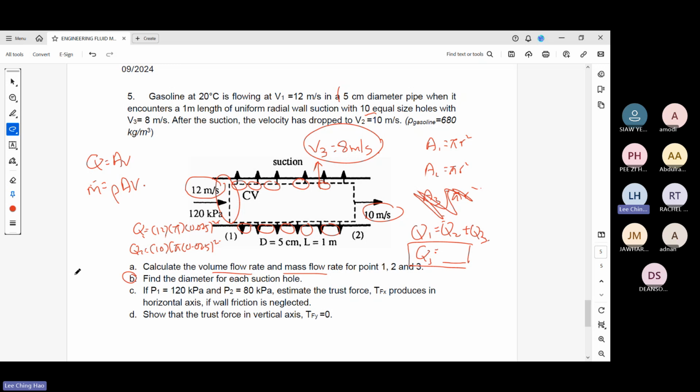Your volume flow rate Q3 will be 0.0039. So this volume flow rate, this value is A3V3. So which you know already, velocity is 8.